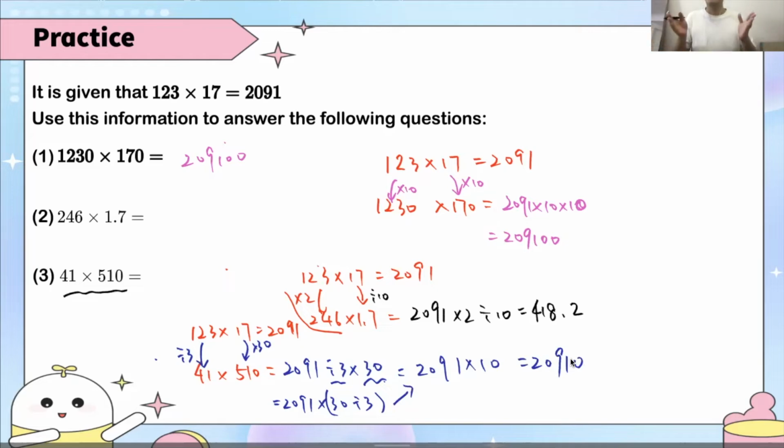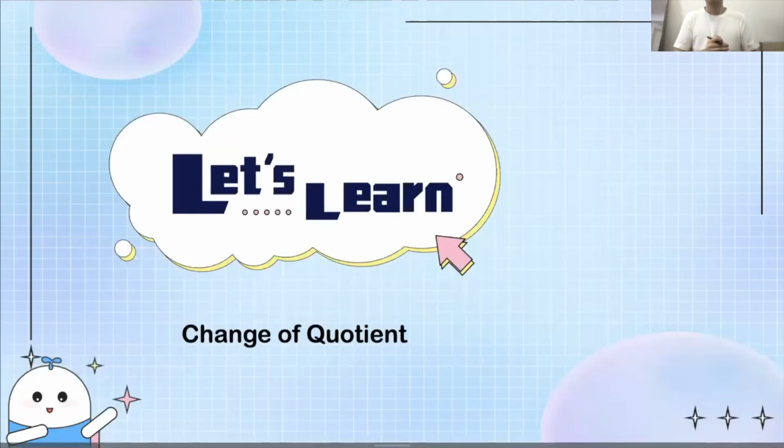Okay, we can still quickly find the answer without any long multiplication. That is the change on multiplication and the change on product. And congratulations, you all have the method. And we will move to the next part.